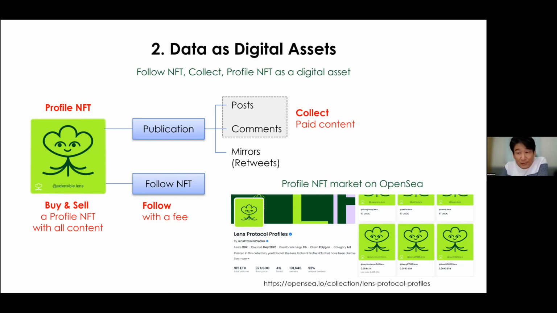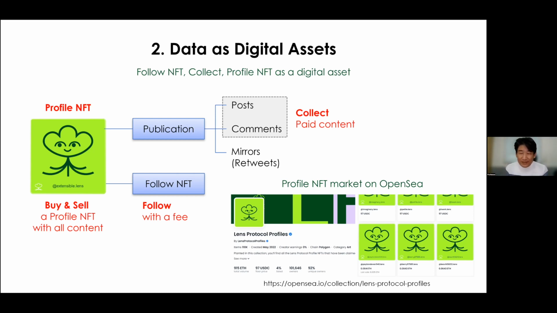And the last, you can sell your profile NFT with your entire data. So it's not familiar to me. If I sell my profile NFT on OpenSea, an NFT marketplace, I have to hand over all of my social data to other people.